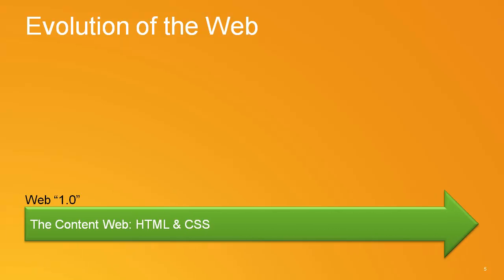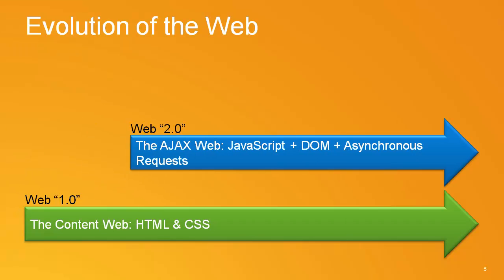Let's talk about how the evolution of the web has gone. We can go back some years, and then we can think of web 1.0 as a content web. Here we had HTML and CSS mostly going around the world. Then we had web 2.0, and that was greatly advanced by the Ajax web. And here we had some JavaScript, some DOM, and some asynchronous requests to the server.